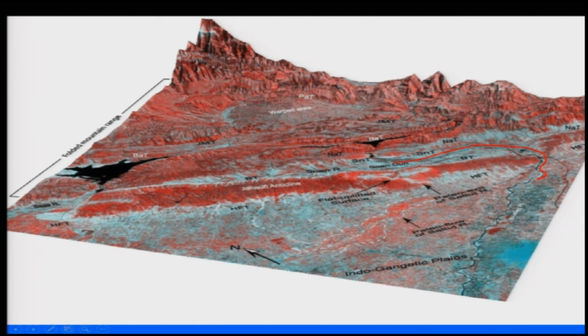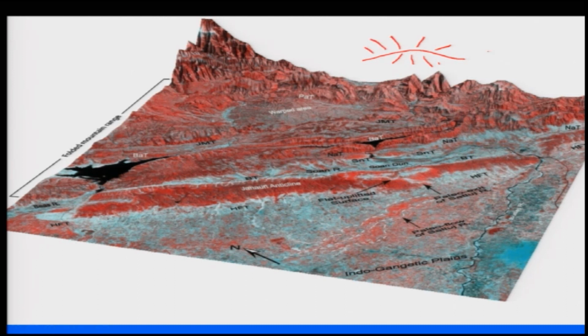Now, similarly, if we look at this portion, we were able to see a very distinct drainage which is flowing in all directions here. Hence, we interpreted this as a warp area. So, if you have a slope like this, you find that the streams flow in either direction.